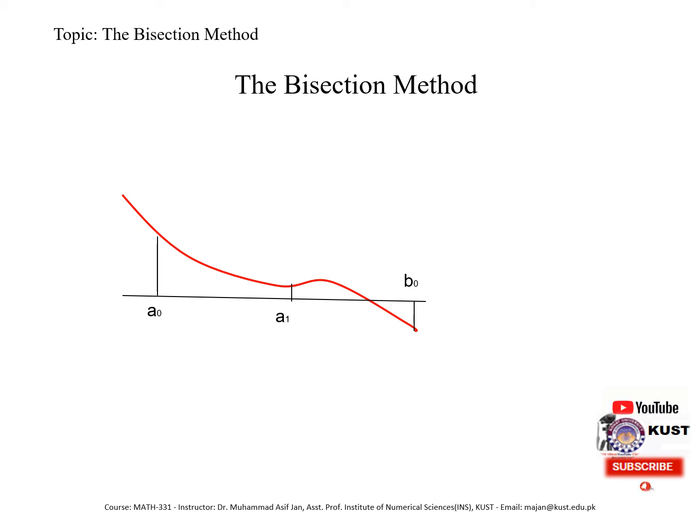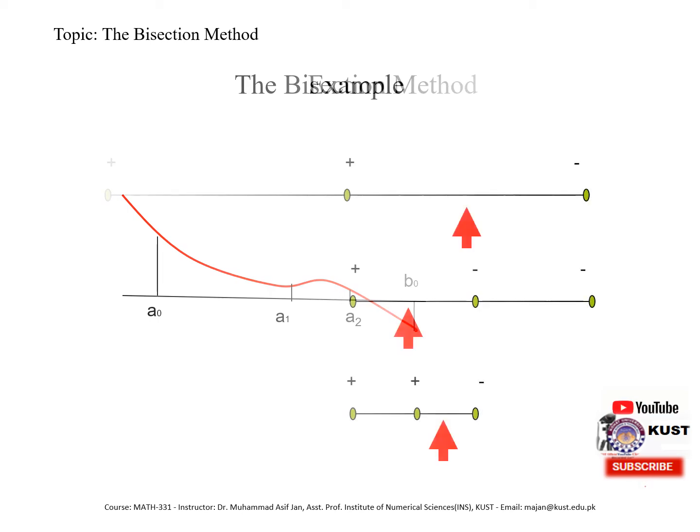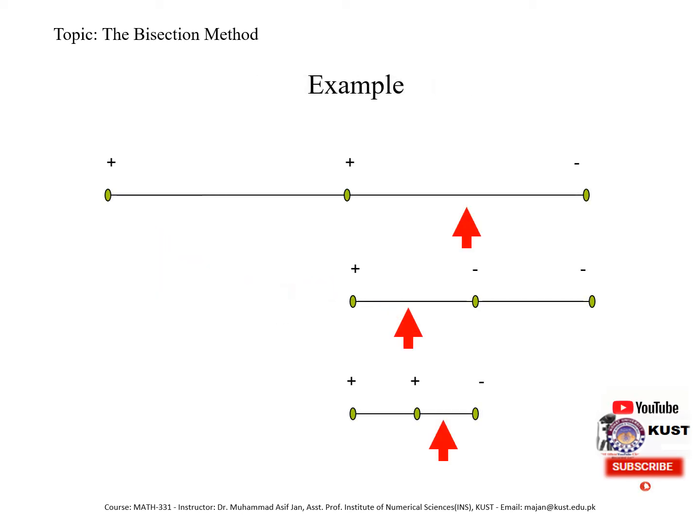So we can apply the bisection method to this new interval and can find the next midpoint, A2. So whenever the signs at the endpoints of a subinterval are opposite, then that particular subinterval is bisected. As you can see in this figure, wherever the signs are opposite, that particular subinterval is bisected.